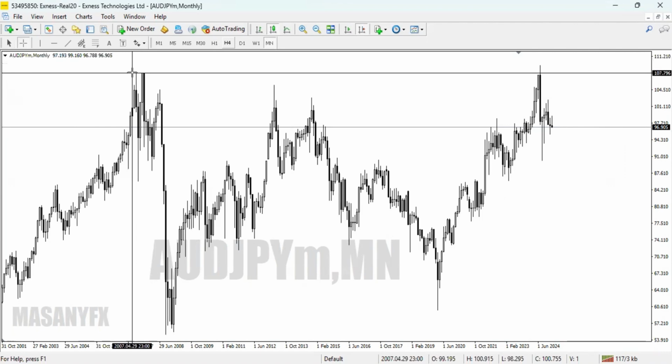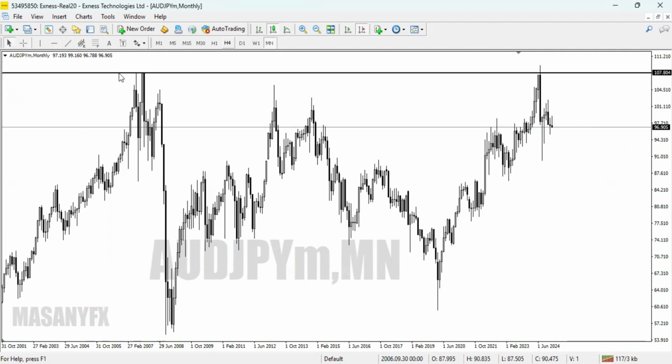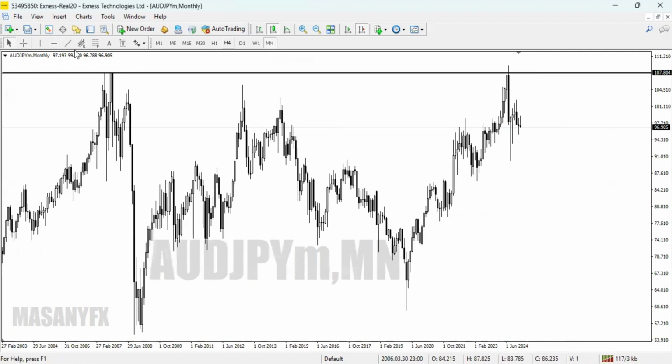So what's happened here, it broke above this high. We are trading what we see, it broke this high. What I see here is not a breakout but a fake out.